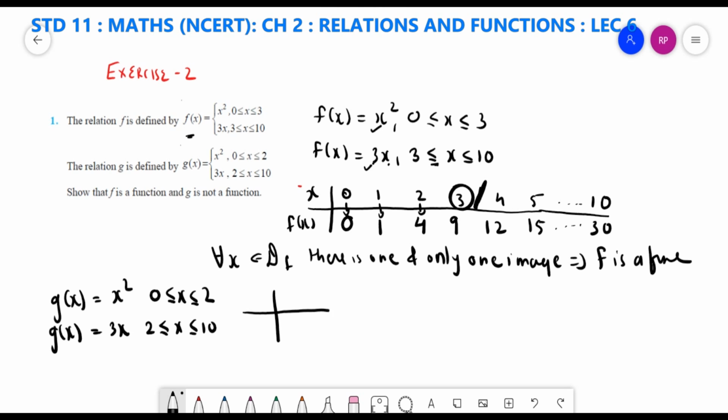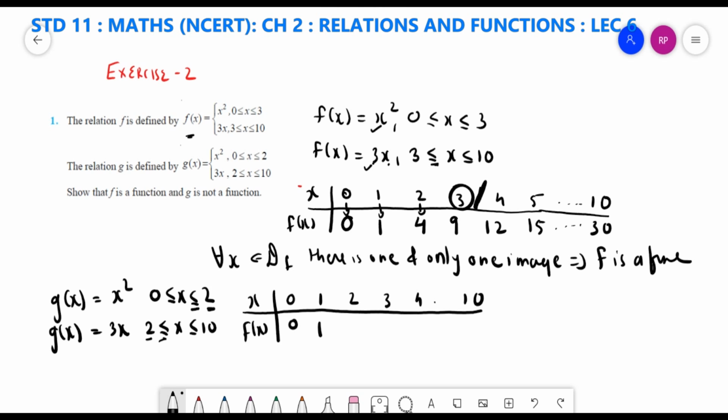So for this function, if I take values 0, 1, 2, 3, 4 up to 10, I can also take the intermediate values between 0 and 1. Now when x is 0, we will use this function, 0 square 0, 1 square 1. Now when x is 2, here also 2, here also 2. The sign is greater than or equal and here also it's equal. So I can use both.